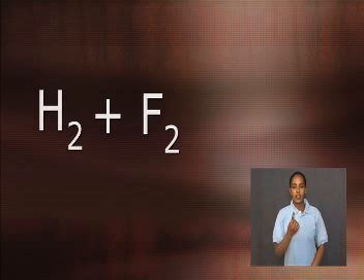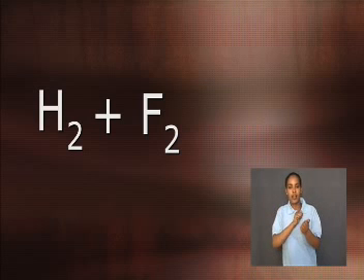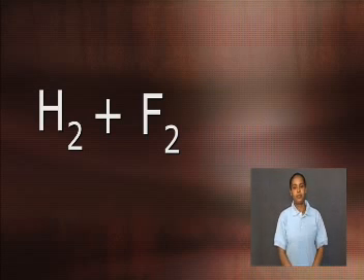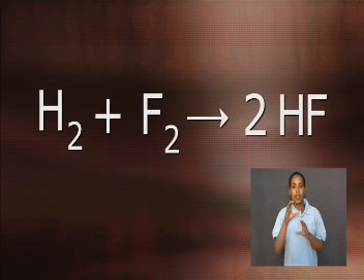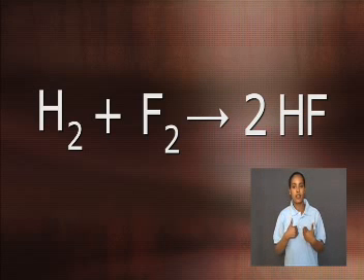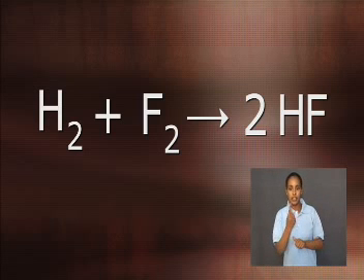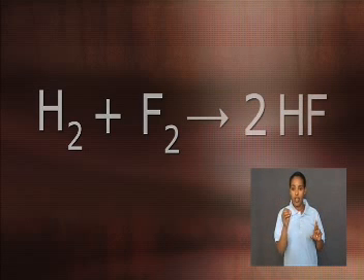The law of conservation of mass states that matter can neither be created nor destroyed in a normal reaction. Therefore, a chemical equation must have an equal number of atoms of each element on the reactant and product sides.